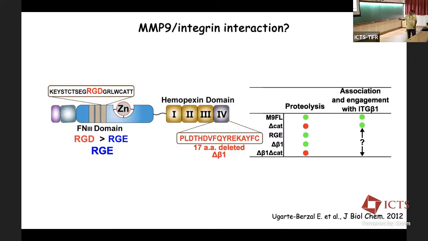For the RGE mutant, ideally proteolysis is unperturbed. Delta beta 1 proteolysis should be unperturbed, and in delta beta 1 delcat, the inactive mutant, we have also removed this delta beta 1 site. So there should be no proteolysis and presumably no association.